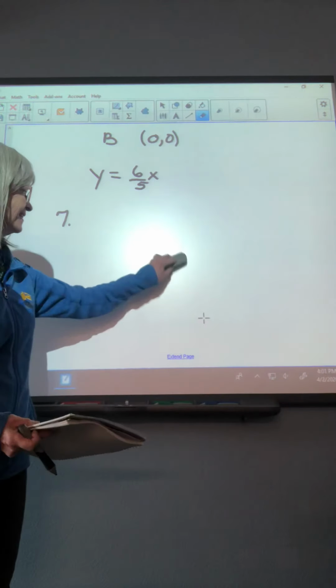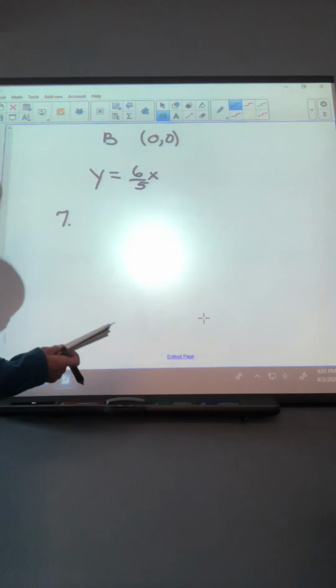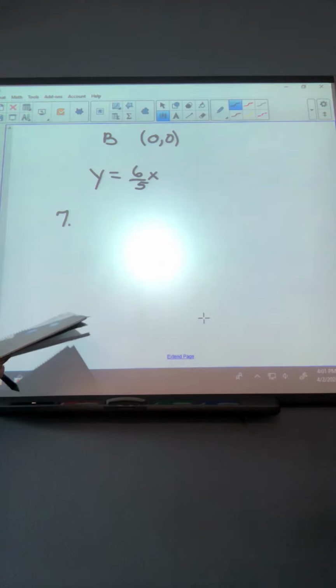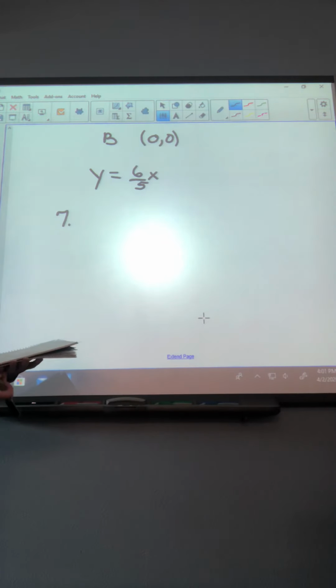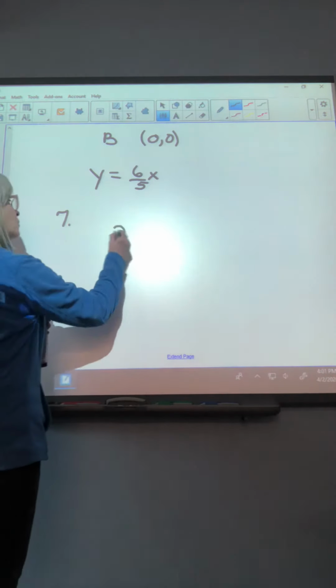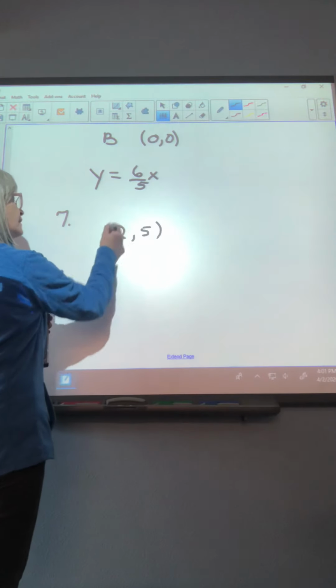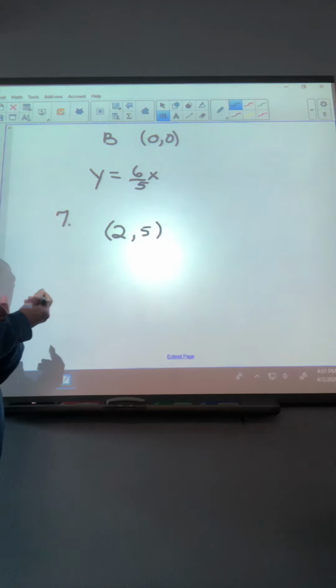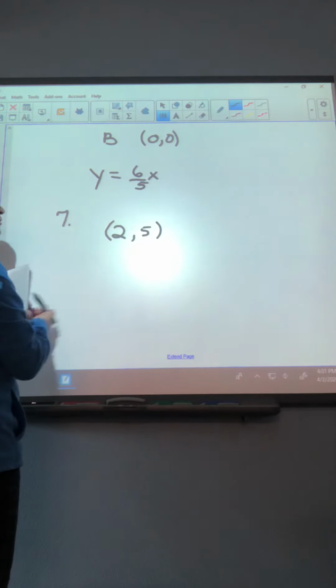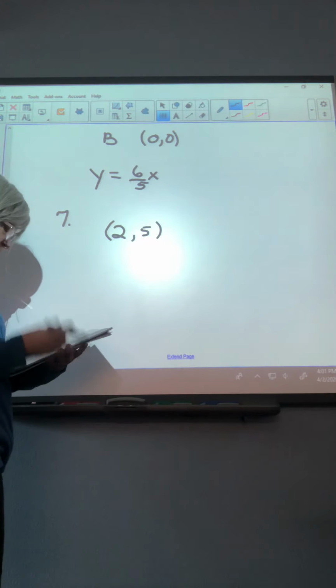Number 7. Okay, so number 7, the directions say, find an equation of the line containing the given point and having the given slope. So we've got a point of 2, 5. This is definitely not the y-intercept, is it? Because it would have to have a 0 here to be the y-intercept.